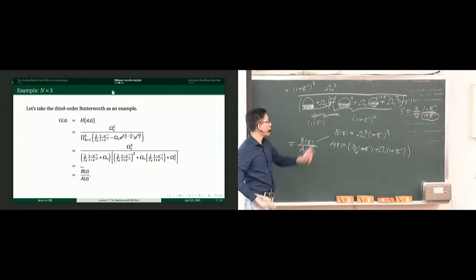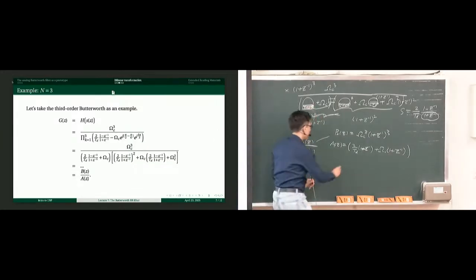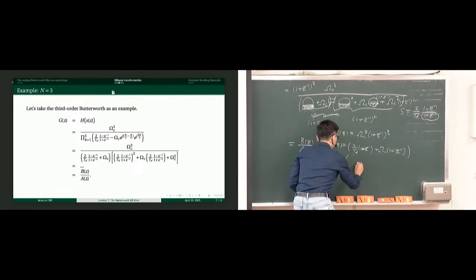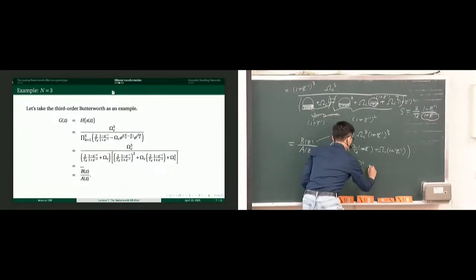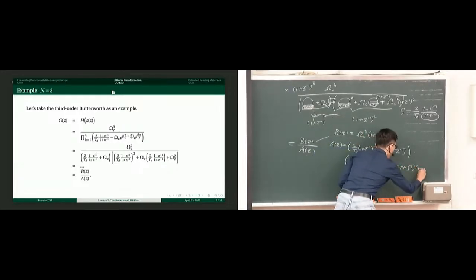So now, do we have a polynomial? Do we have a polynomial? Yeah. Okay. Now, A of z is this times something square plus omega c something 1 plus z inverse plus omega c square 1 plus z.